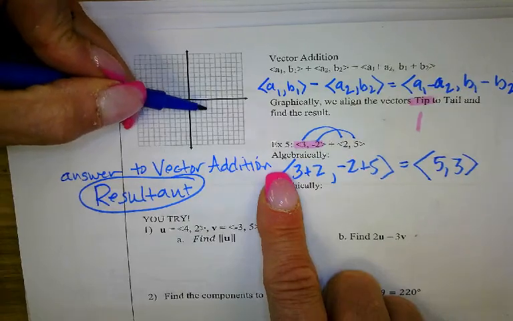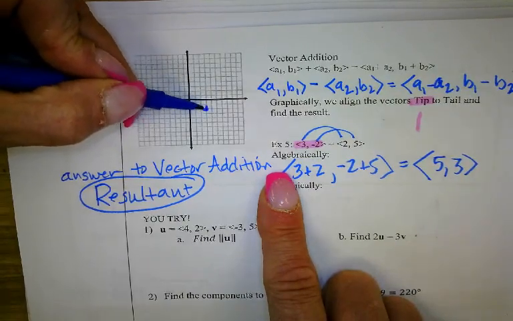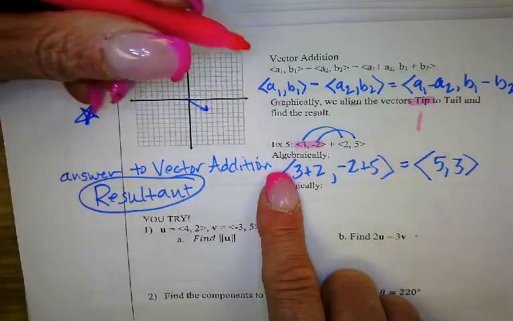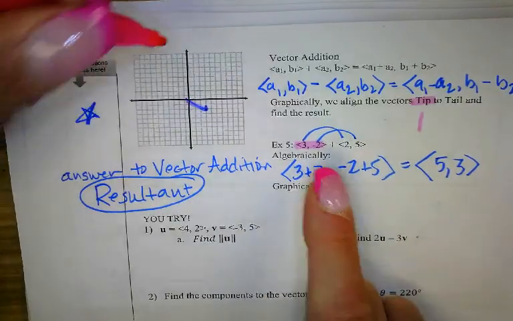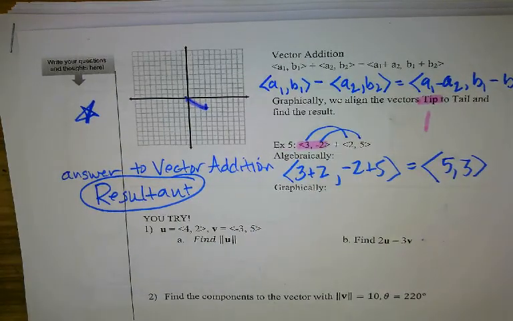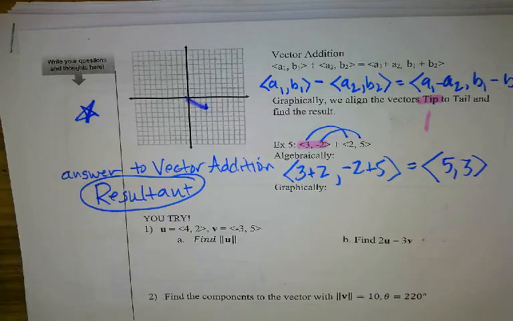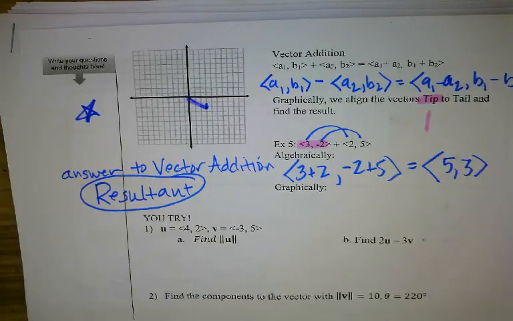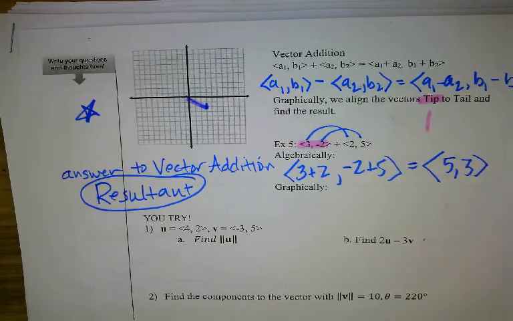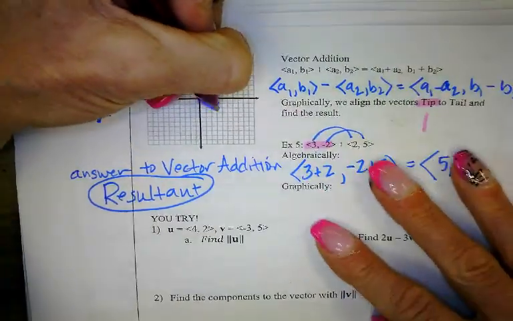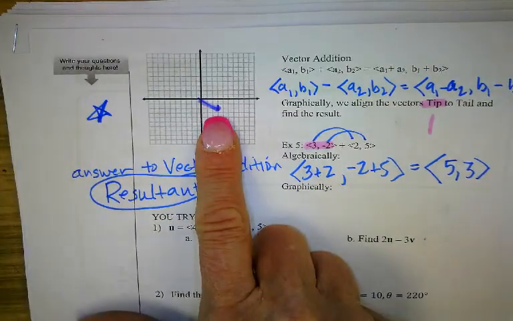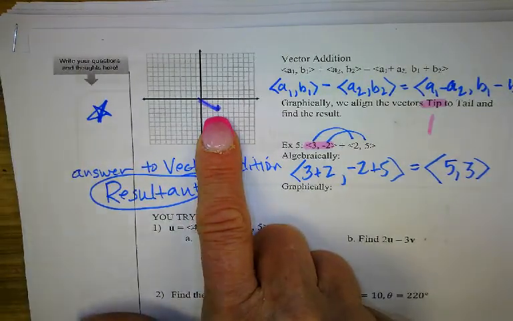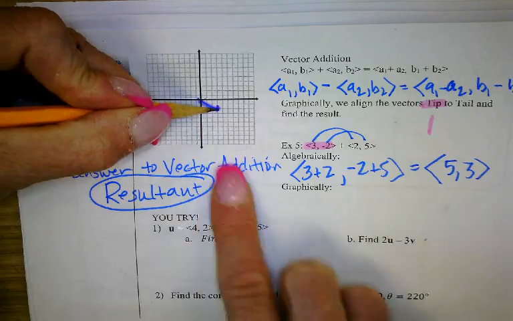There's my vector 1. Now, wherever that vector ends is where my next vector has to begin. So this is my new origin, and from here I'm going to go forward 2 and up 5.